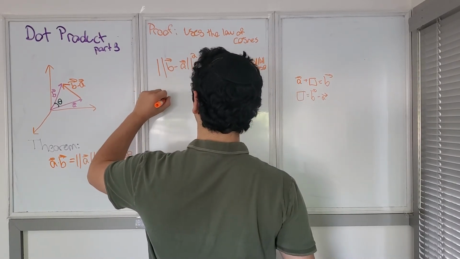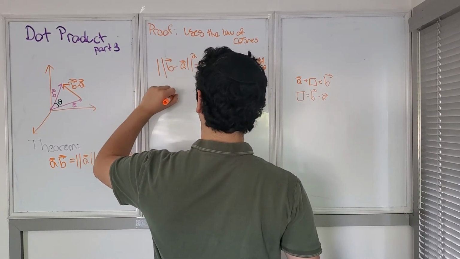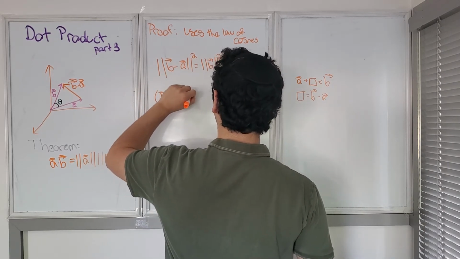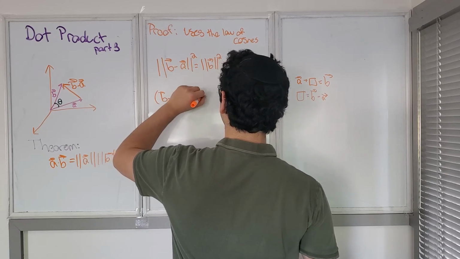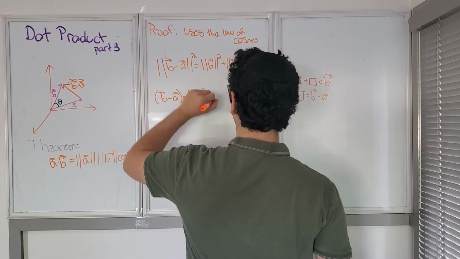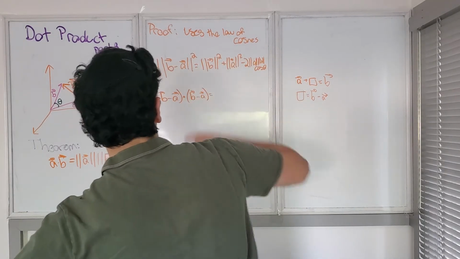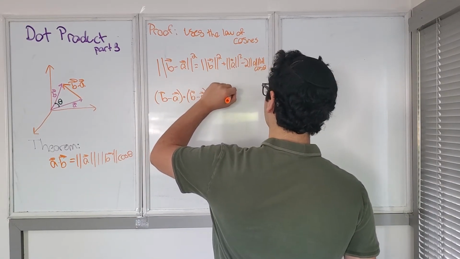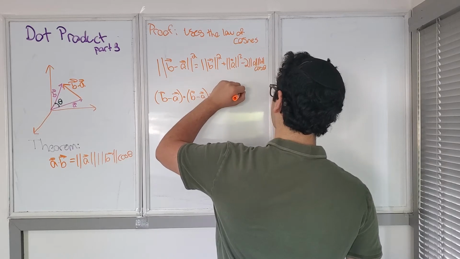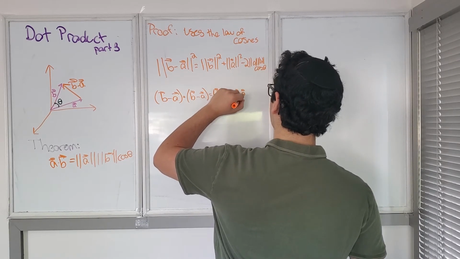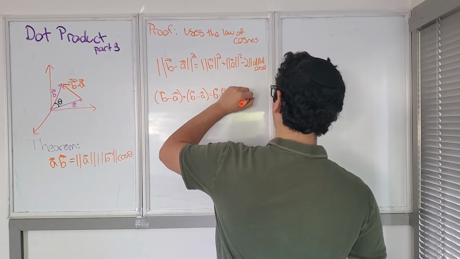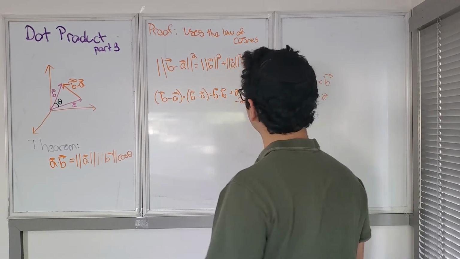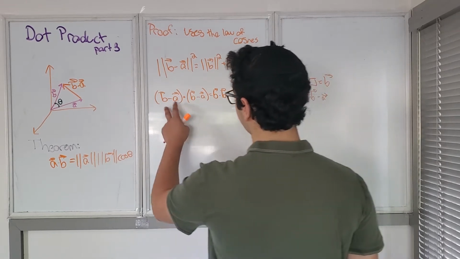So I'm going to use that property to expand this out. It's going to end up being B minus A dot B minus A equals B dot B plus A dot A minus 2AB cosine theta. And now I can go ahead and expand this out.